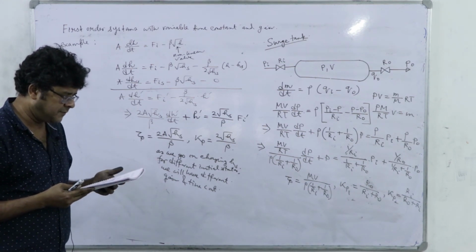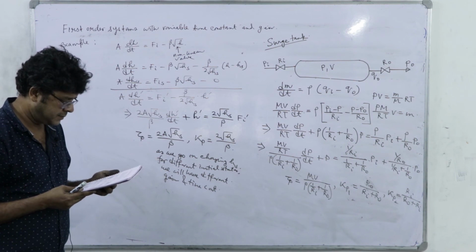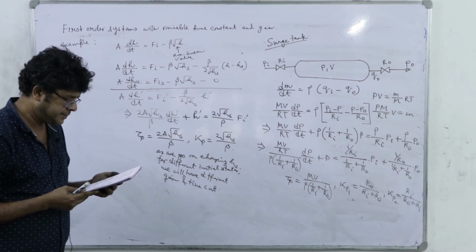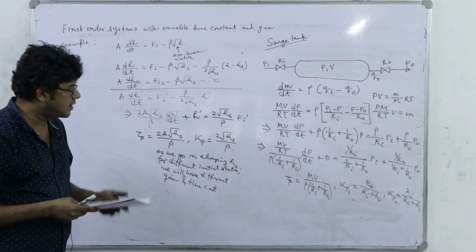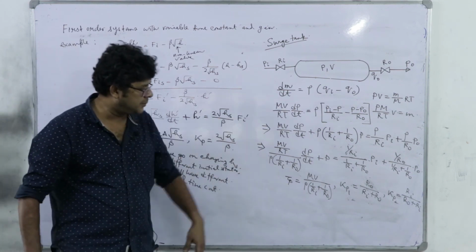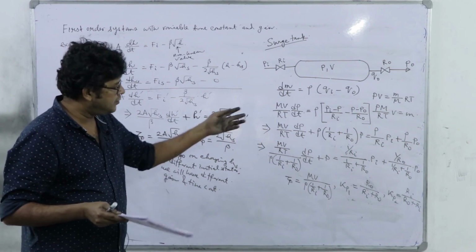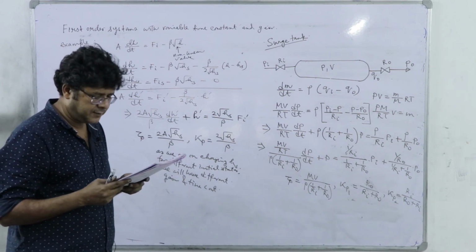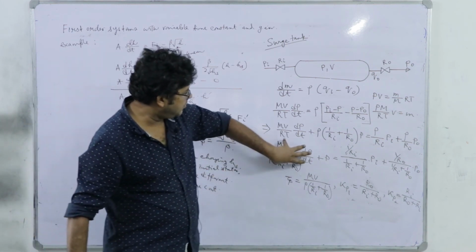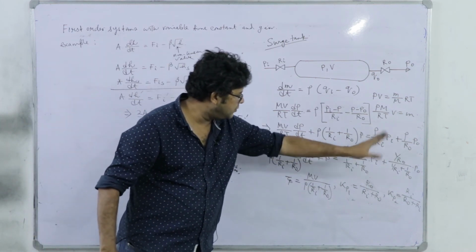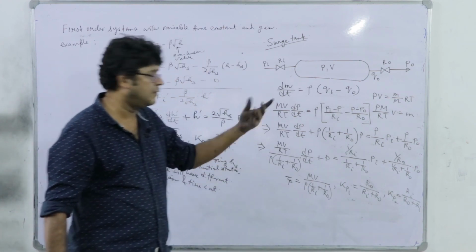If I think that Po is a constant parameter, it can be dropped in the deviation variable form of this equation, and finally we will get this term plus this term equal to this term. So Po is dropped because there is no variation.